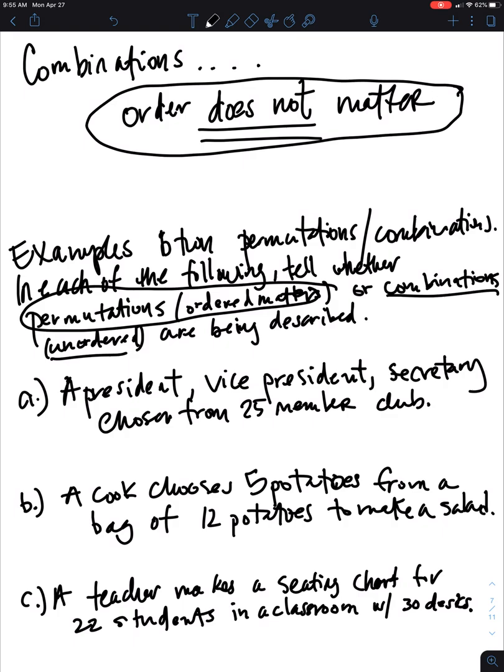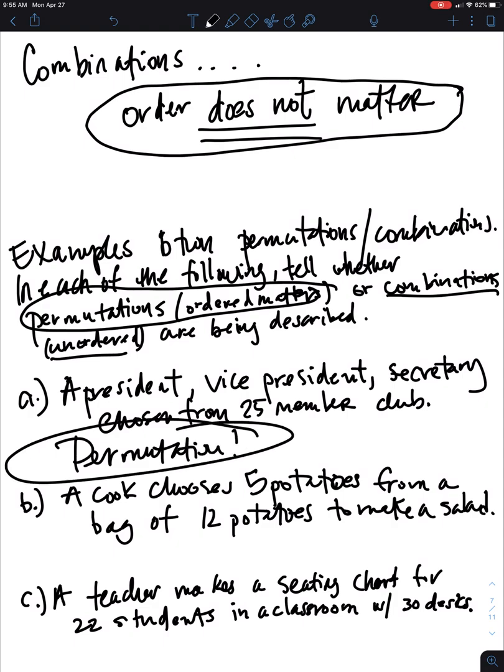Example A: a president, vice president, and secretary chosen from a 25-member club. Does order matter here or not? Let you think about it for a second. Order matters because it matters who gets which office. So this is a permutation.